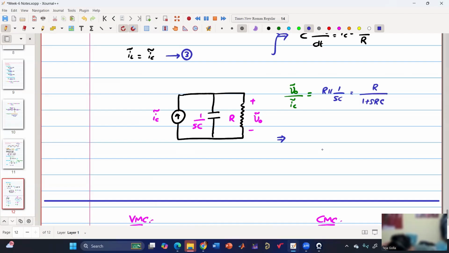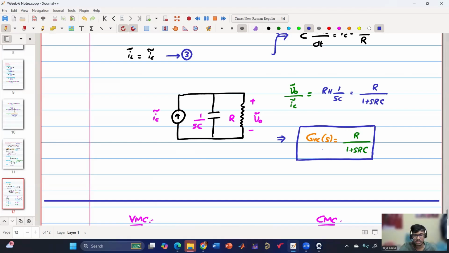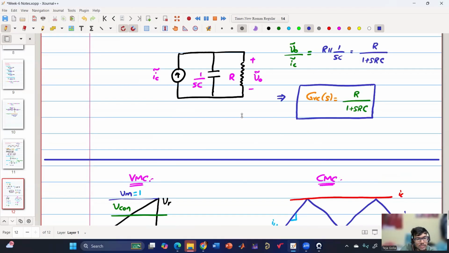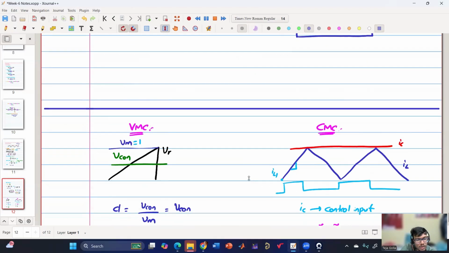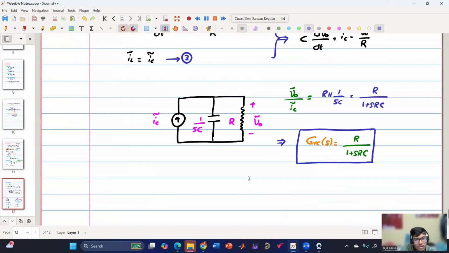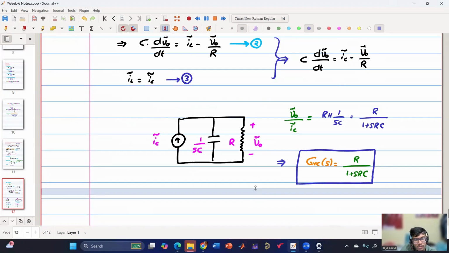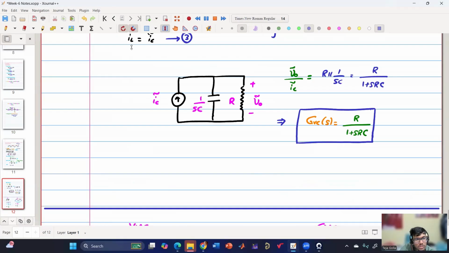So my GVC transfer function is nothing but R by 1 plus SRC. This is for the ideal case.